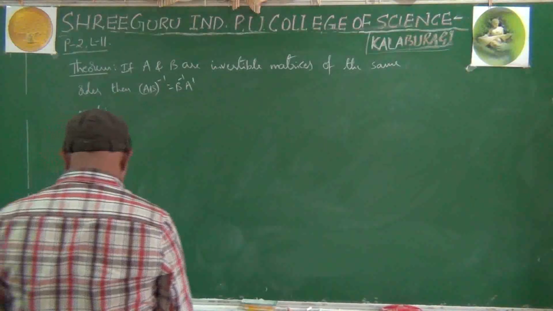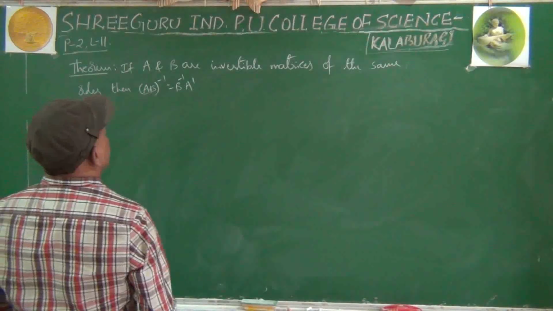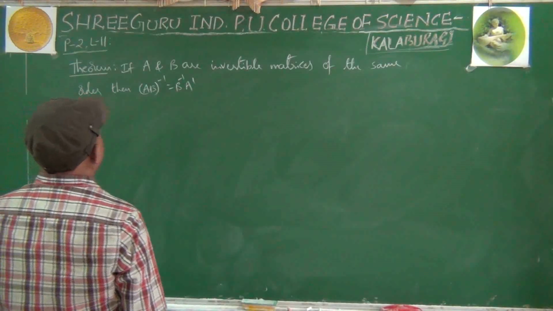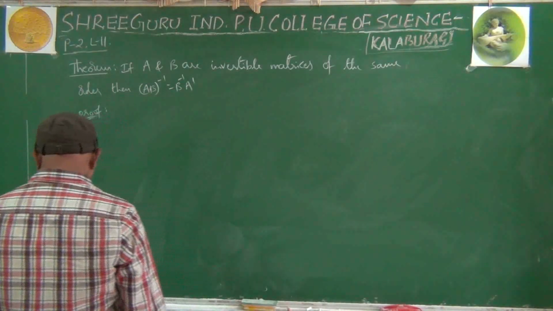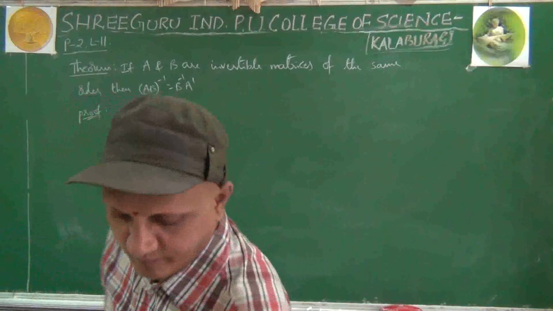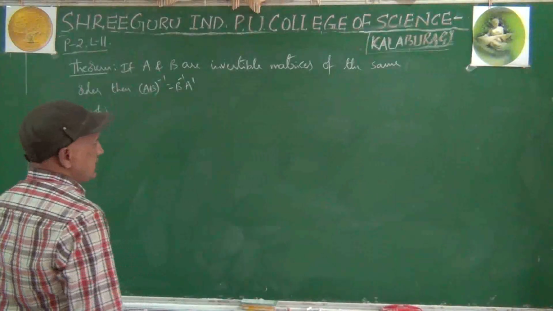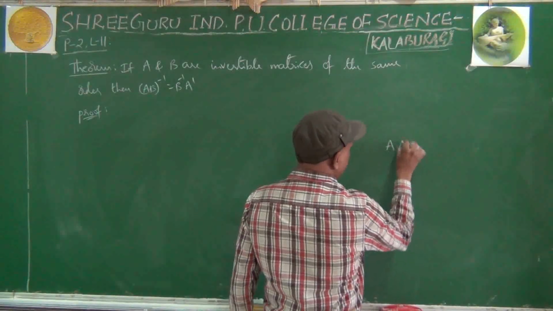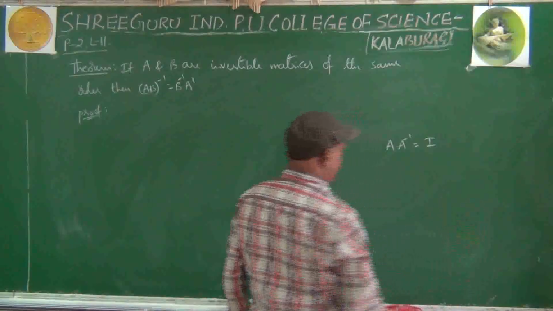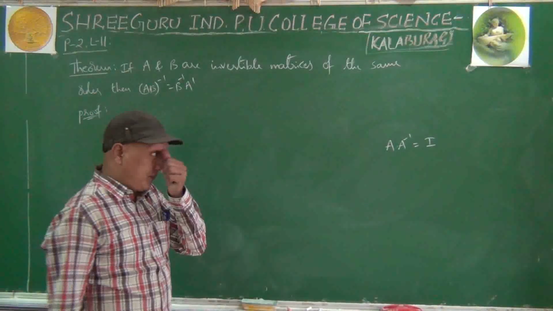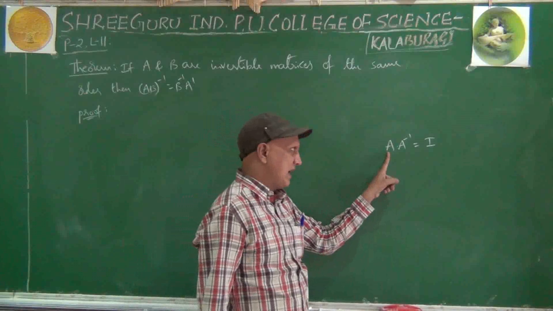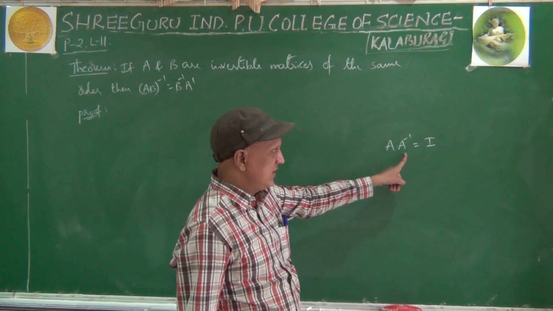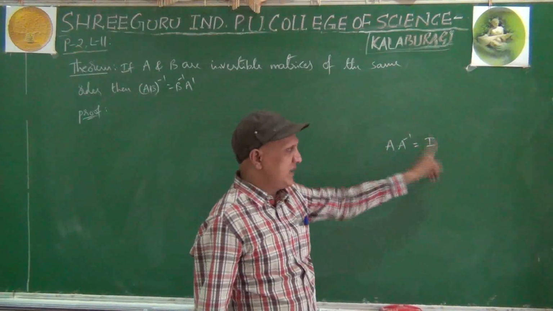If A and B are invertible matrices of the same order, then AB whole inverse equals B inverse A inverse, right? If you multiply any square matrix with its inverse, then we get the identity matrix.